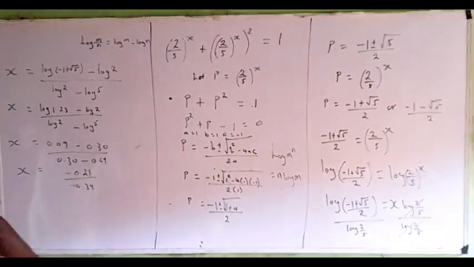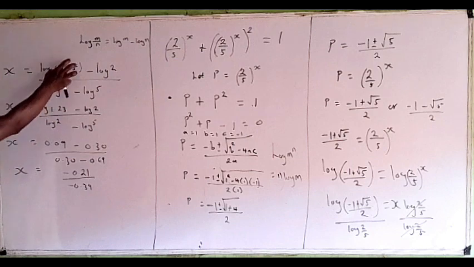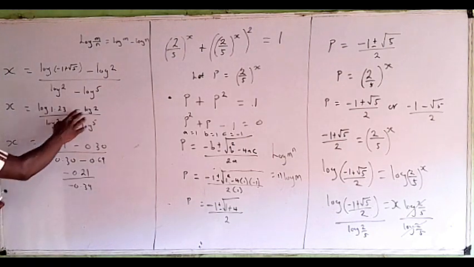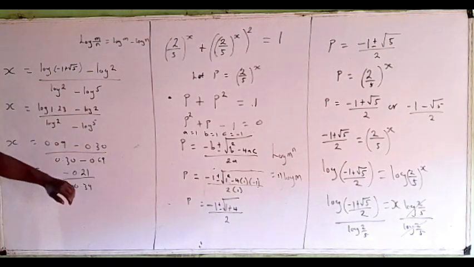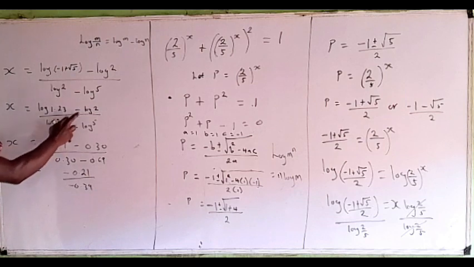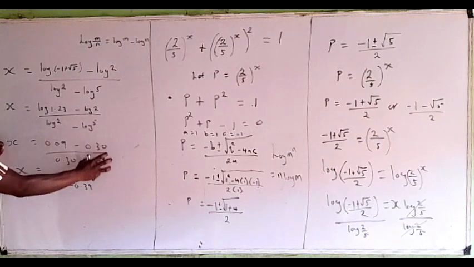So log, okay, root 5 minus 1, when you simplify this, you're going to have log 1.23 minus log 2 minus log 5, okay. So log 1.23 gives this, log 2 gives you this, and this is also log 2, then this is log 5, okay.